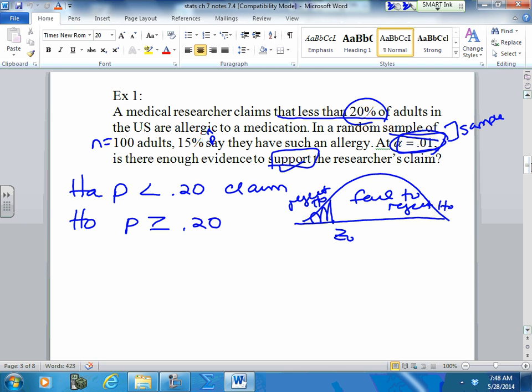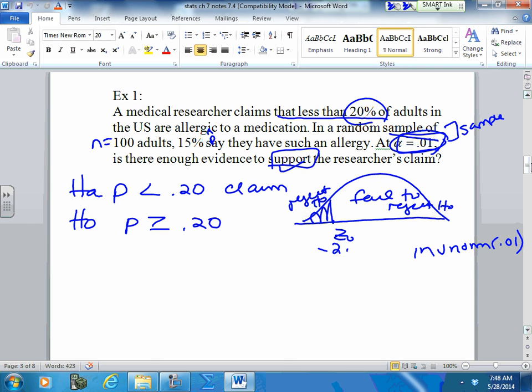So 0.01, you're going to do your inverse norm, 0.01, and you're going to find your cutoff. Now remember, if it's on the right-hand side and you look up 0.01, you're still going to get a negative number. The right-hand side would be positive. The left-hand side would be negative. Normally, on the right-hand side, you do the 1 minus, but you don't have to do that. You can use the symmetry of your chart. So what's your cutoff point?